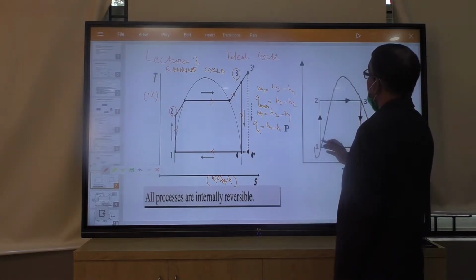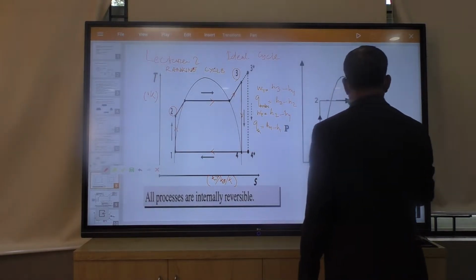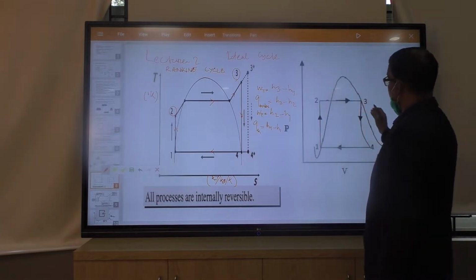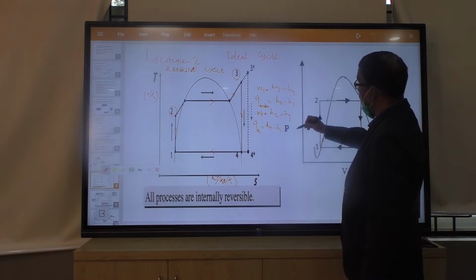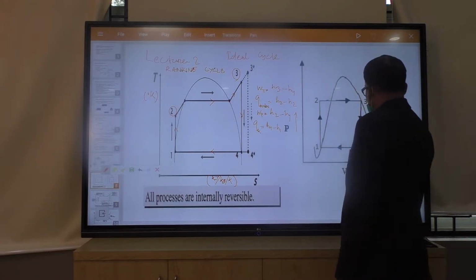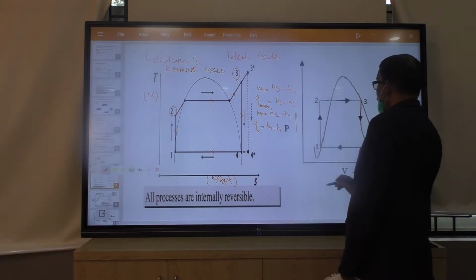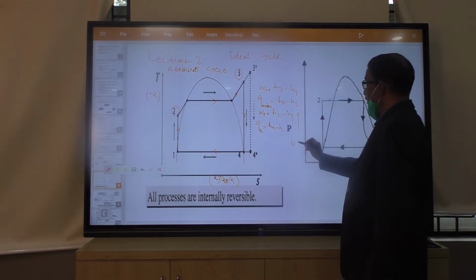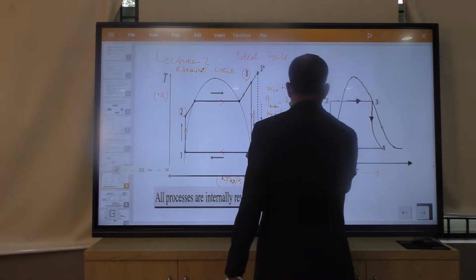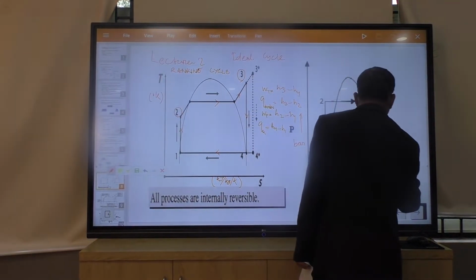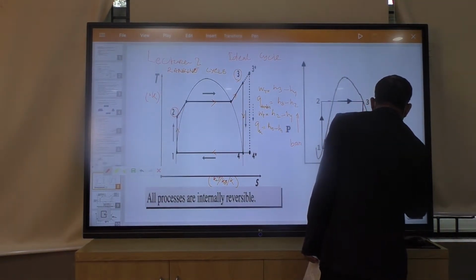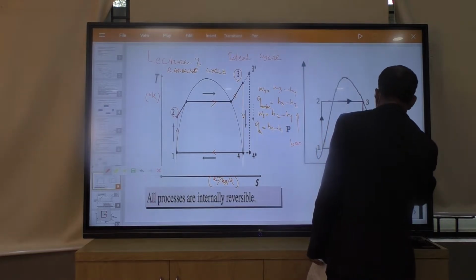Now, this same cycle is plotted in the PV plane. Pressure is in the y-axis and volume in the x-axis. You know pressure unit is bar, and the volume unit is meter cube per kg, specific volume.